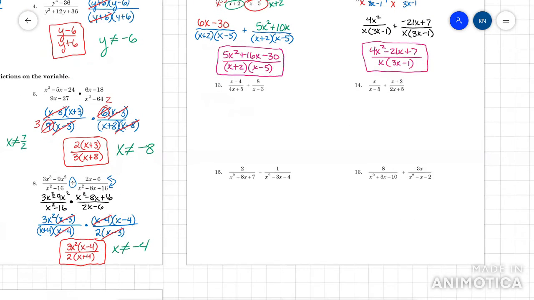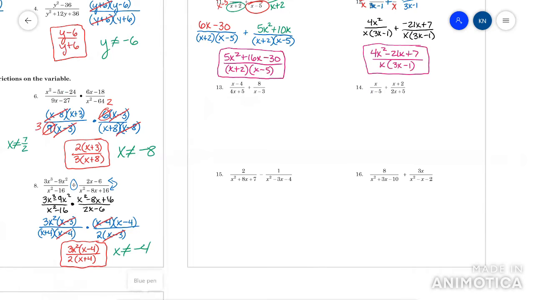Okay, this next one, same thing. But when you give this one on the left, the x minus 3, hold on one second. Let me go ahead and set this up. All right, so on the left, right here, you're going to have to run FOIL because you have a binomial times a binomial.